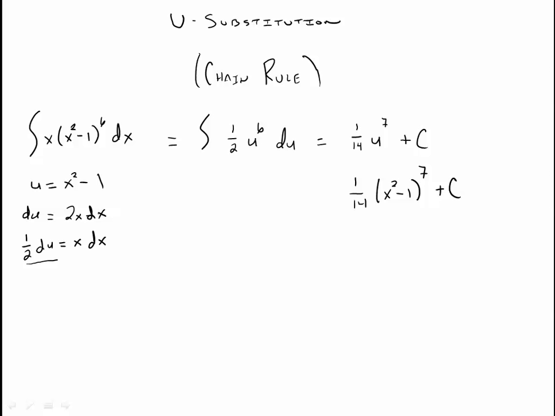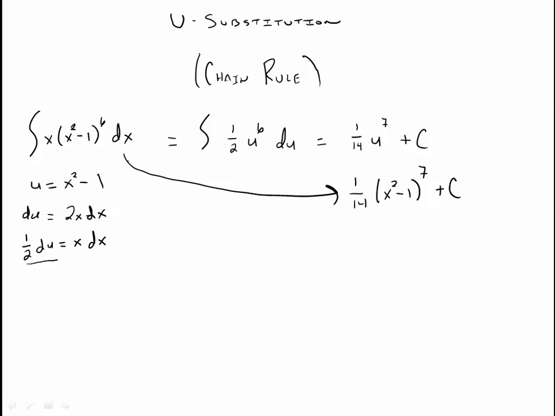And so the integral of my original function is 1/14 times (x squared minus 1) to the 7th plus c. Notice that if I were to take the derivative of this using the chain rule, it would be the derivative of the whole thing.